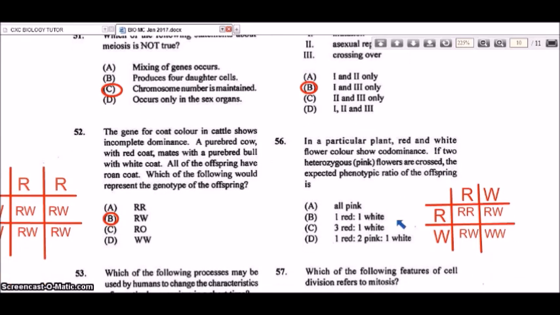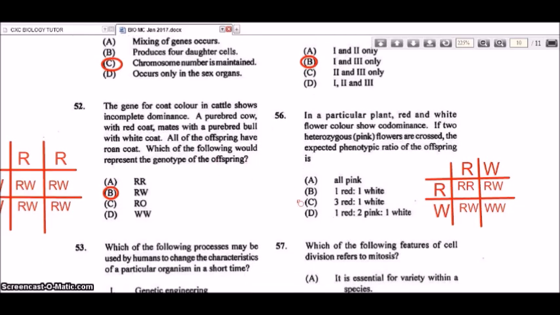So if you're crossing the pink flowers, so they're heterozygous, so they would have R and a W. So they'll represent 2 pink flowers. The expected genotypes would be RR, 2 RWs, and 1 WW. So therefore you have the ratio 1 red, 2 pink, and 1 white. So therefore the correct answer for that one would be D.